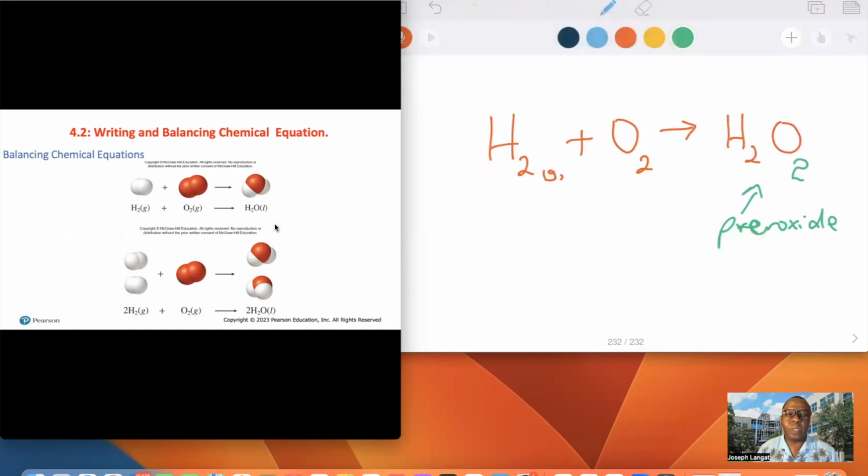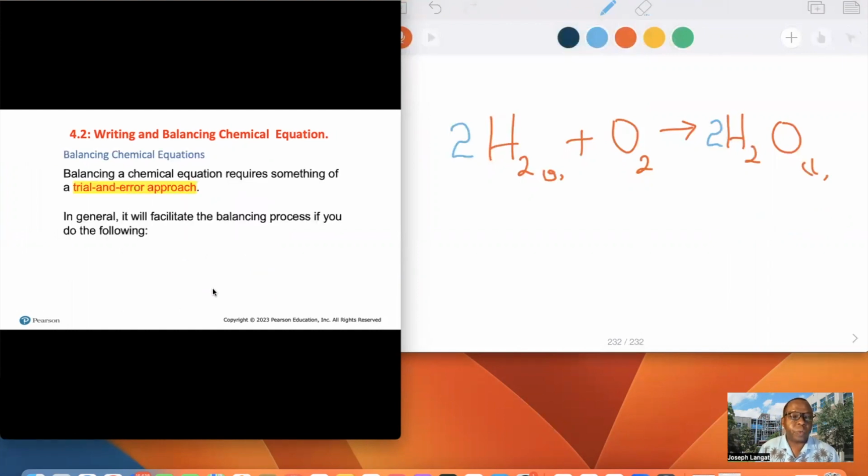From here, we wanted to balance out the reaction between hydrogen gas and nitrogen gas to produce liquid H2O. So we need 2 here, we need 2 there, and we say the equation is balanced. Perhaps fast forward to guidelines for balancing the equation.